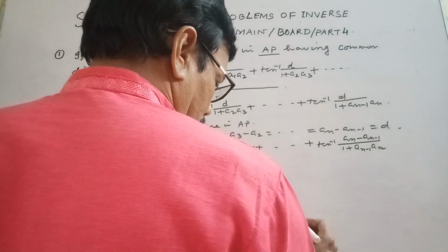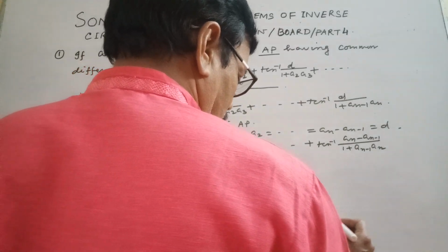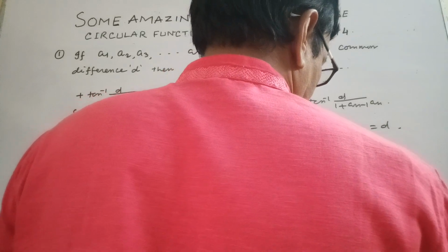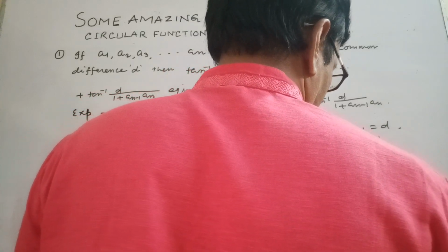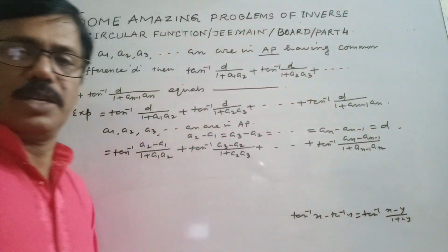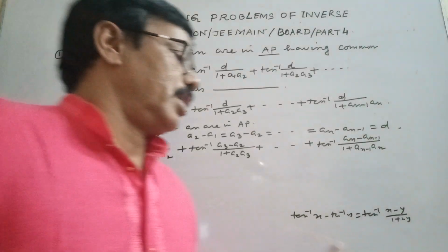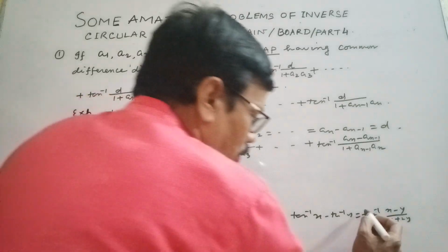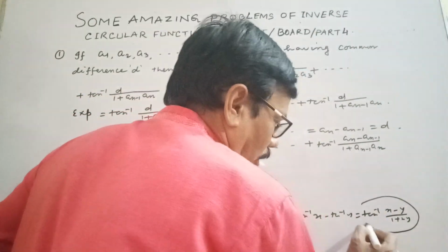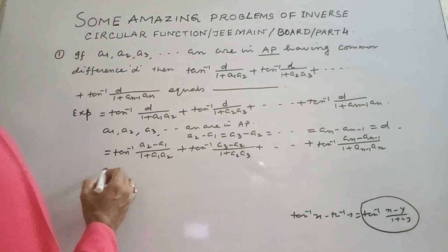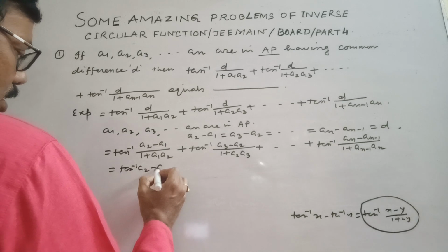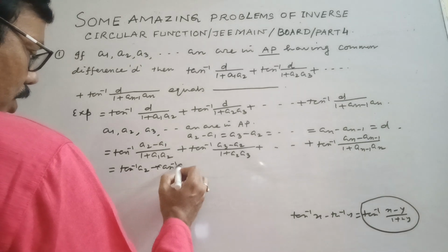We know tan inverse x minus tan inverse y is tan inverse of (x minus y) by (1 plus xy). So this is a result of inverse circular functions. So we are given this compact form, and it can be written as tan inverse A2 minus tan inverse A1.